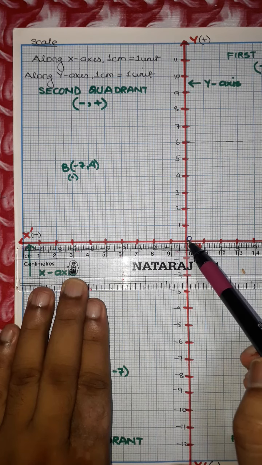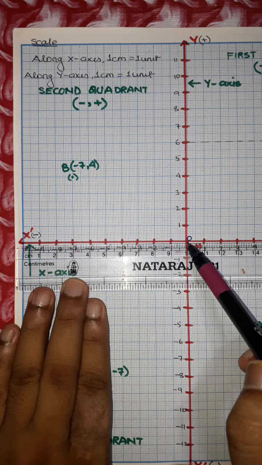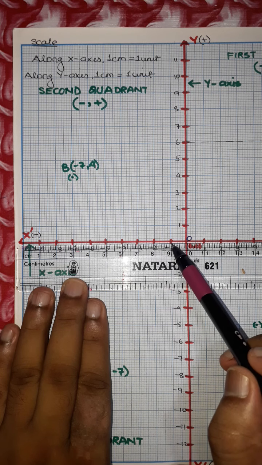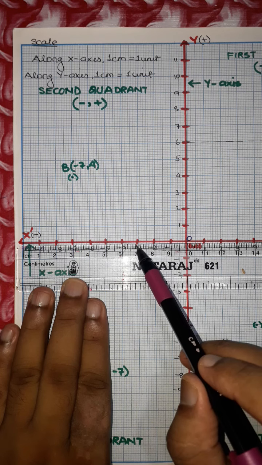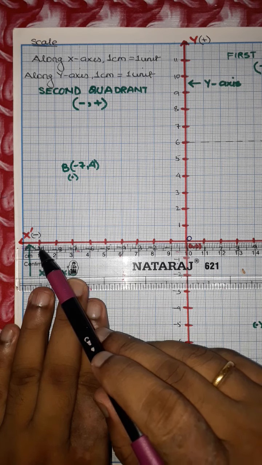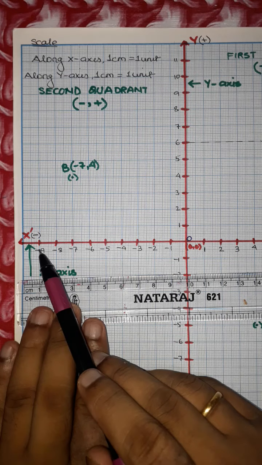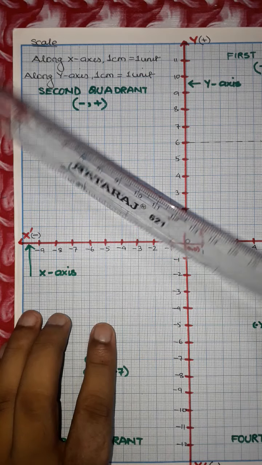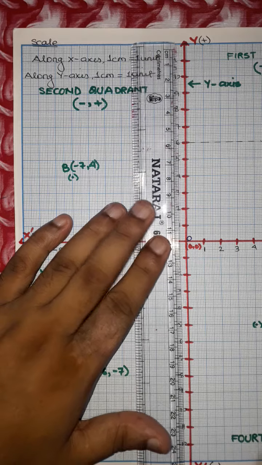So this is -1, -2, -3, -4, -5, -6, -7, -8, -9, right? So this is -9. Again, along the y-axis also I have taken the same scale.